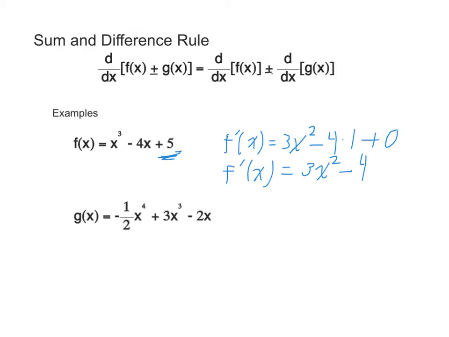For the next one, g of x equals negative 1/2 x to the 4th plus 3x cubed minus 2x. So for g prime, the 4 drops down in front, subtract 1 from the exponent, plus, now the 3 drops down in front. 3 times 3, that's 9, subtract 1 from the exponent.